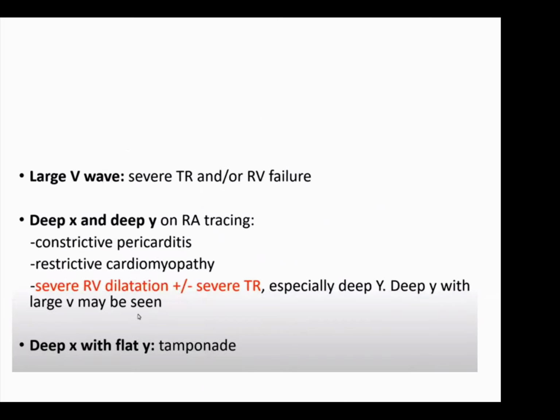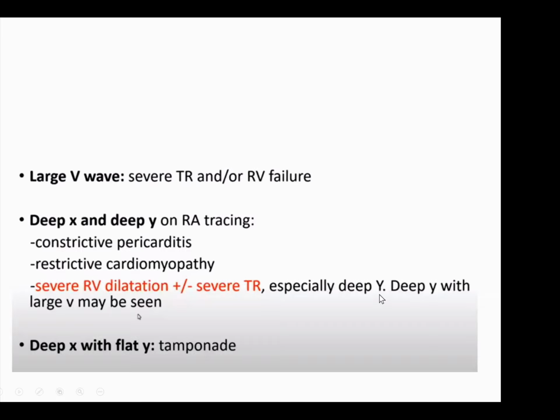So just to summarize, large V wave, large Y descent can be seen in severe tricuspid regurgitation or RV failure. Deep X and deep Y descent can be seen in constrictive pericarditis, restrictive cardiomyopathy, severe RV dilatation, severe tricuspid regurgitation.